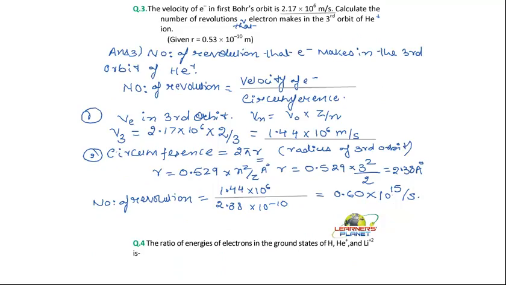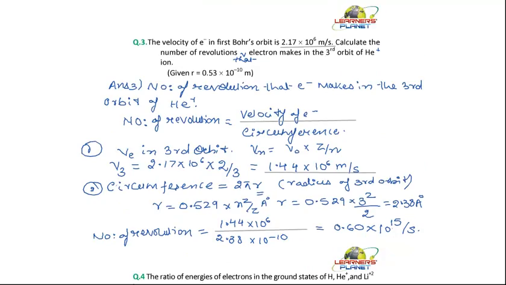Right? So what is your answer? The answer would be, the electron is making 0.60 into 10 to the power 15 revolutions per second. Right?